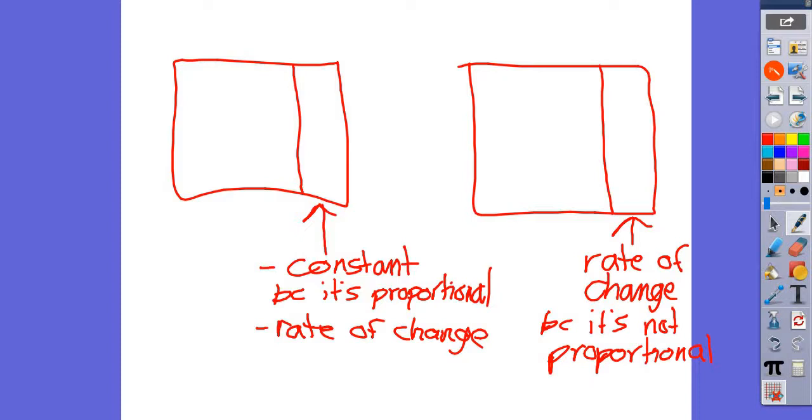No, because it's not proportional. But both of them can have a rate of change because they're both changing over time. So both can be called rate of change, but only one, the proportional one, can be constant of proportionality.